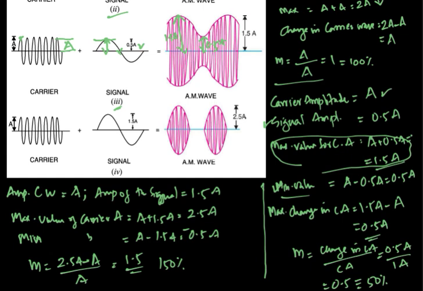But if you consider this part here, we will not have any amplitude for the AM wave, the amplitude modulated wave. So in this case, this 150% modulation factor is called over modulated. So that's all about the modulation factor and different combinations of the carrier and signal waves.